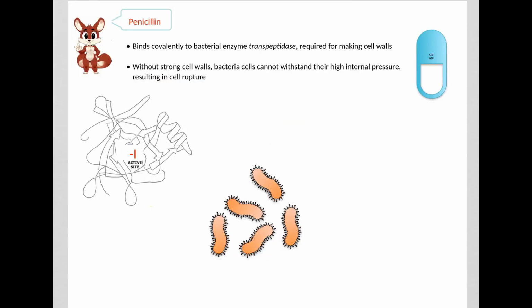Another example of an irreversible inhibitor is the drug penicillin. Bacteria have an enzyme called transpeptidase, and this enzyme is very important for bacterial cells to make cell walls. Without strong cell walls, the bacterial cells cannot withstand the high internal pressure, and that will cause the bacterial cells to rupture.